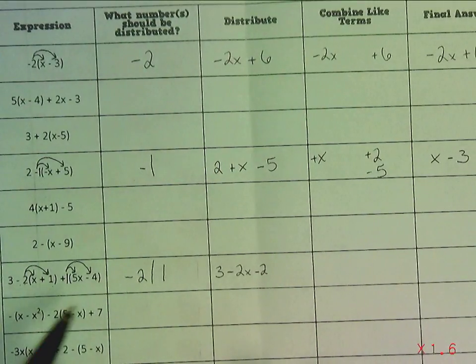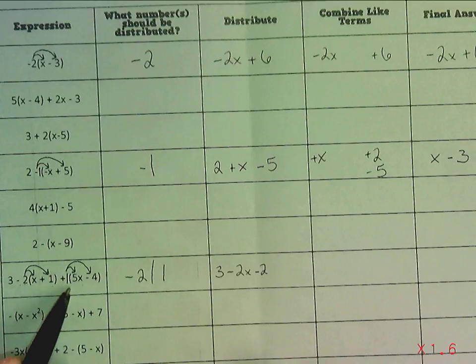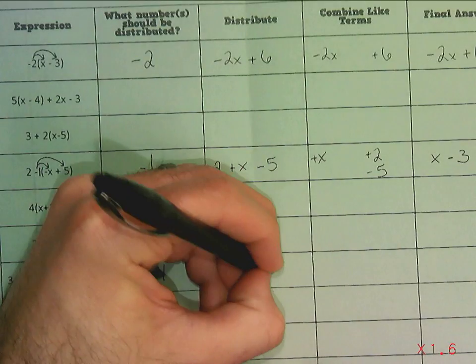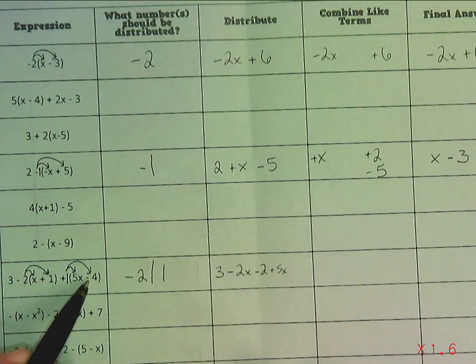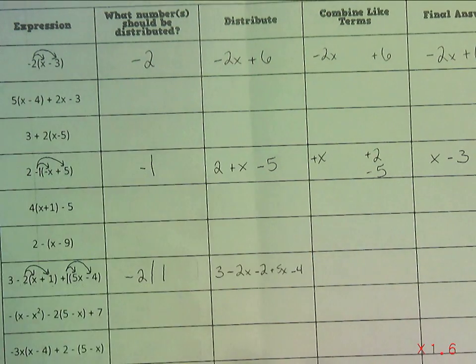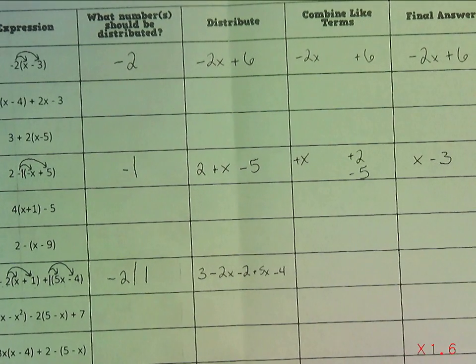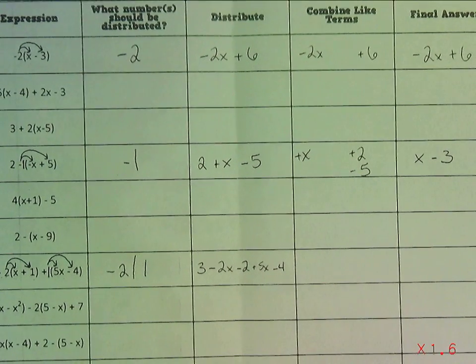And then 1 times a 5x, so 1 times 5, the coefficient you're multiplying by, that would just be plus 5x. And then 1 times a negative 4, remember this sign goes with this number, so 1 times negative 4 would be negative 4. So that's our expression after distributing.